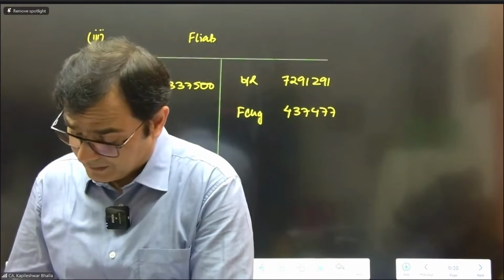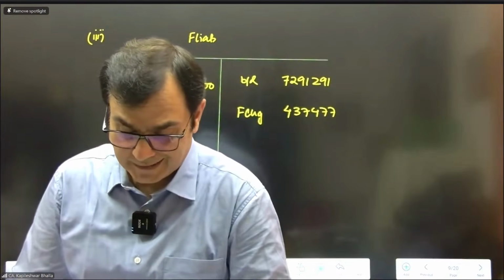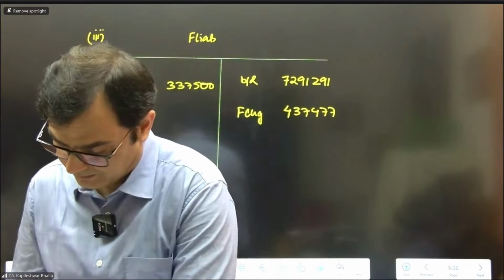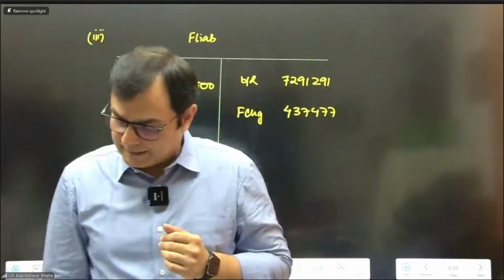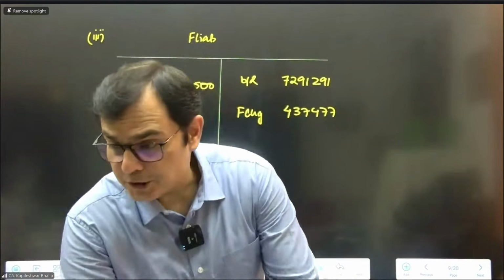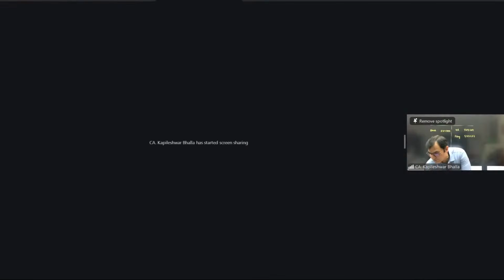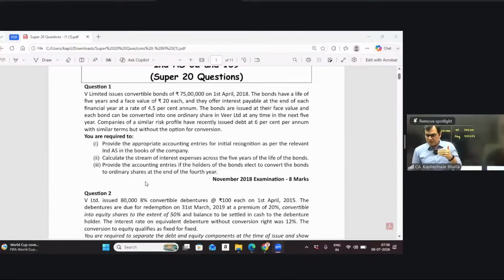So we are very clearly given the bonds are supposed to be convertible into how many shares? Let me just share that on the screen as well to you. Back to the question for conversion figure. So it says out here, the bonds are issued at the face value. Each bond can be converted into one ordinary share.